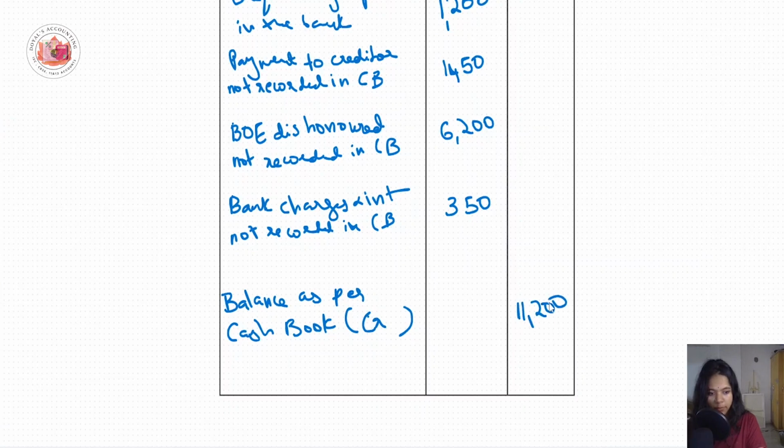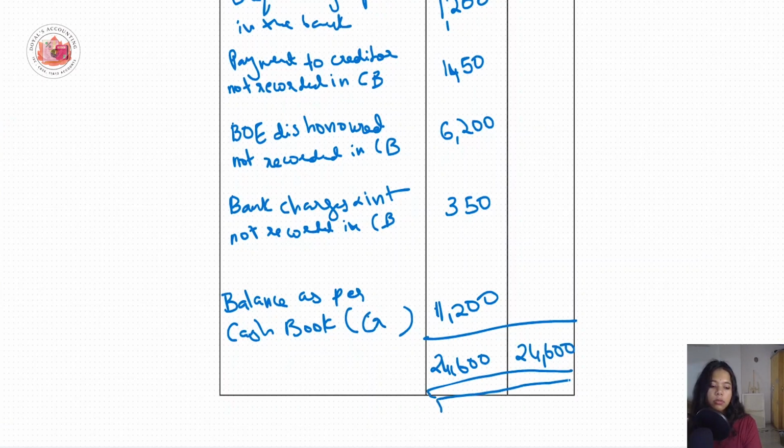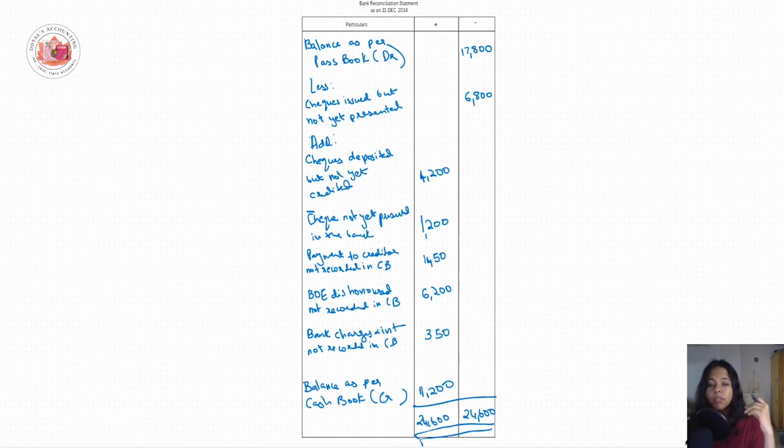Since it's unfavorable, I'm writing it in my minus column, or you can also write it over here, 11,200. Then compute the totals, which comes up to 24,600 on both sides. You can do either. So this was our first problem in case 4 type of questions.